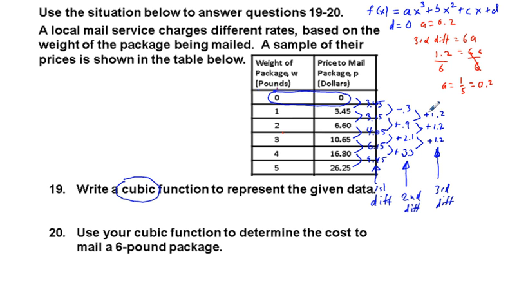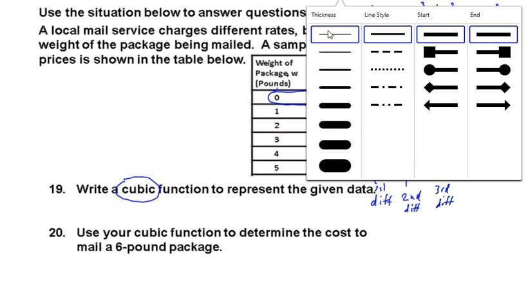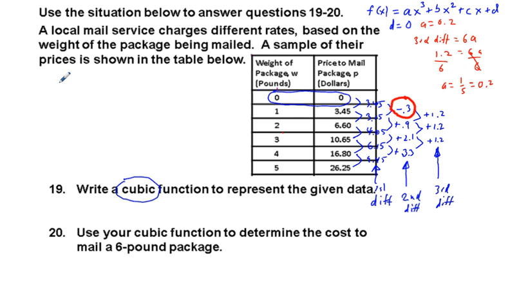The second difference is going to be this thing right here, this negative 0.3. Our first second difference, negative 0.3, is equal to 6a plus 2b.